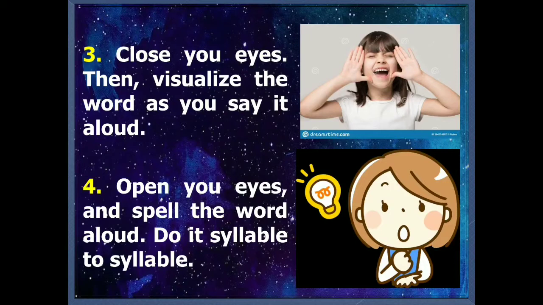In number 4, my dear children, open your eyes now. For the fourth step, open your eyes and spell the word again, syllable by syllable. Count how many syllables there are in that word, and spell it syllable by syllable.